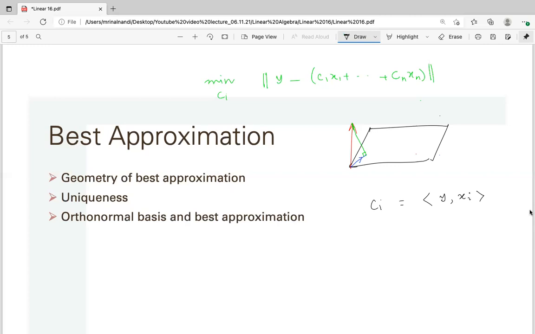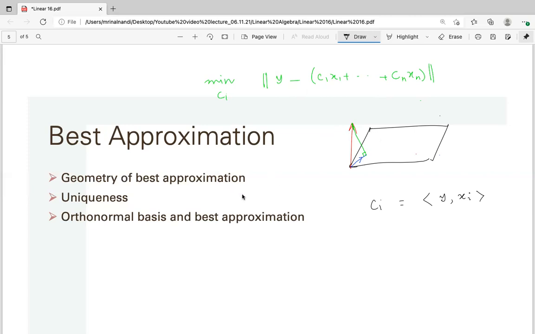Remember xi is on the right side, otherwise there is a conjugate in the complex field. If y is in the subspace, then this distance will be 0, because in that case that vector is itself y.